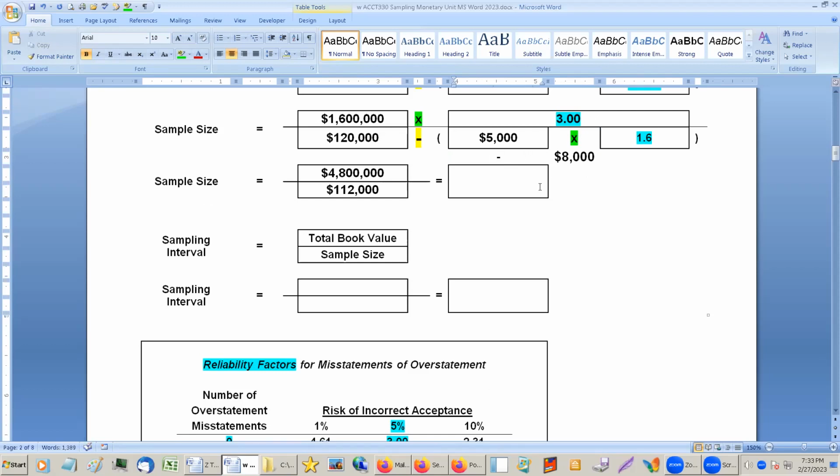Okay, so 4.8 million divided by 112,000 is 42.85. Now we can't take 0.85 of an item, so we'll round it to the nearest one.